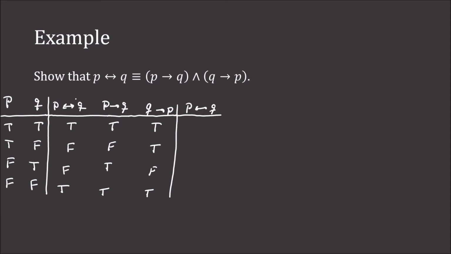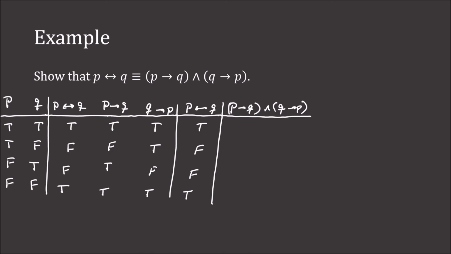I actually didn't need to write it here. I'm only doing this so that I can put it next to the statement I'm comparing it to: if P then Q and if Q then P. So we're looking at the conjunction of columns 4 and 5.